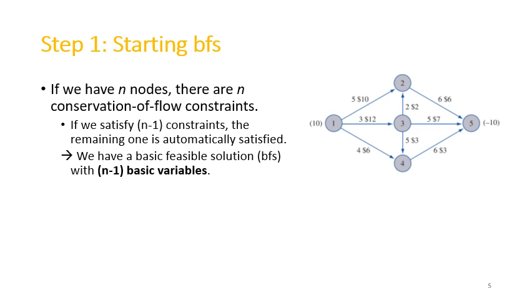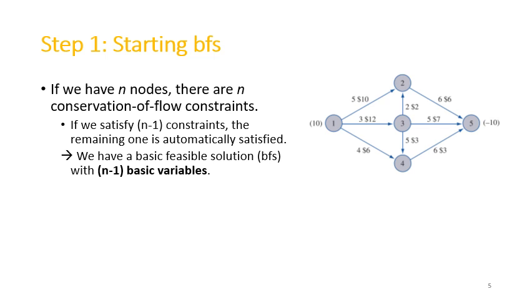If we have n nodes in our network, it means that we have n conservation of flow constraints, which means that for each node we need to make sure that the flow equals the net supply of each node. So in this example, if we have 5 nodes, we need 5 constraints, one for each node, to make sure that the net supply for each node is satisfied.